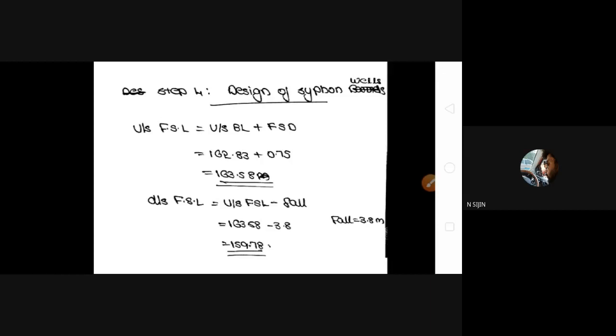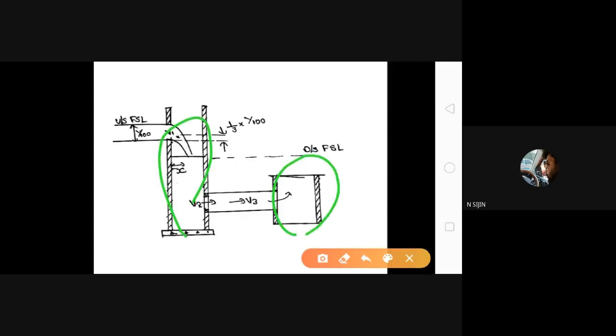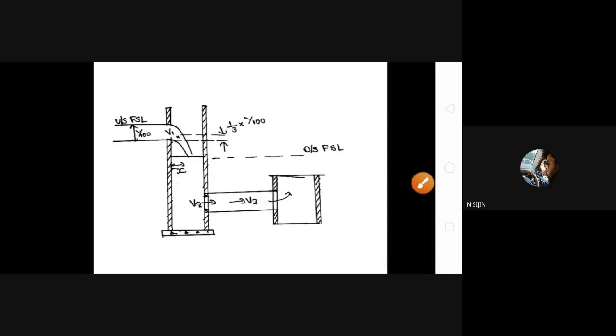What do you mean by siphon wells? In a siphon well roof, we have an inlet well and an outlet well. In this step, we are determining the dimensions of these wells.